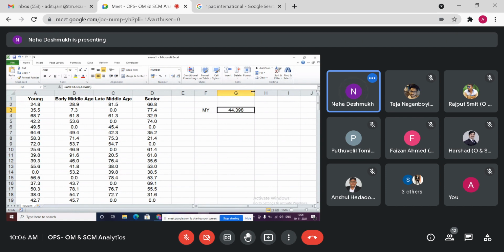Right now, class, the mean of early middle age. Average, calculate this. Then the mean of late middle age.